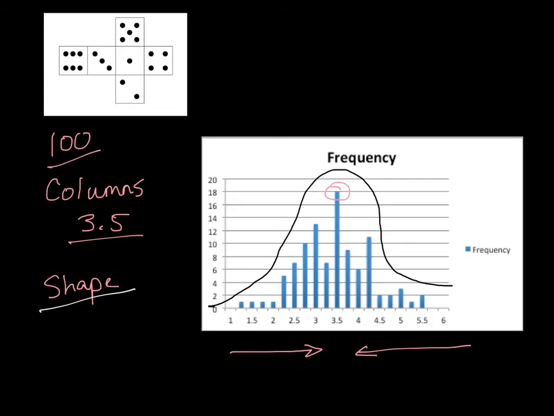So does this look familiar? It's a bell-shaped curve that's peaking in the middle. So it looks kind of like the normal distribution. Perhaps I will give you the graph of when I have 200 samples to confirm the shape.